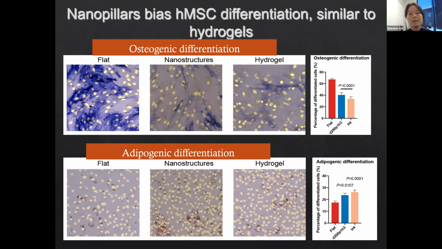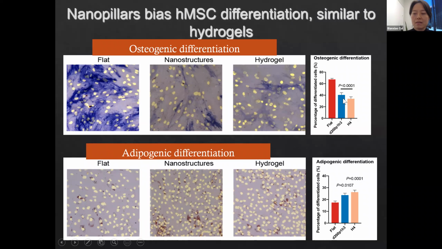Then we decided to look at another cellular behavior, which is stem cell differentiation. So HMC stem cells differentiate into bone cells. We can use different protocols to induce them to differentiate into bone cells, or osteogenic differentiation, or fat cells, adipogenic differentiation.